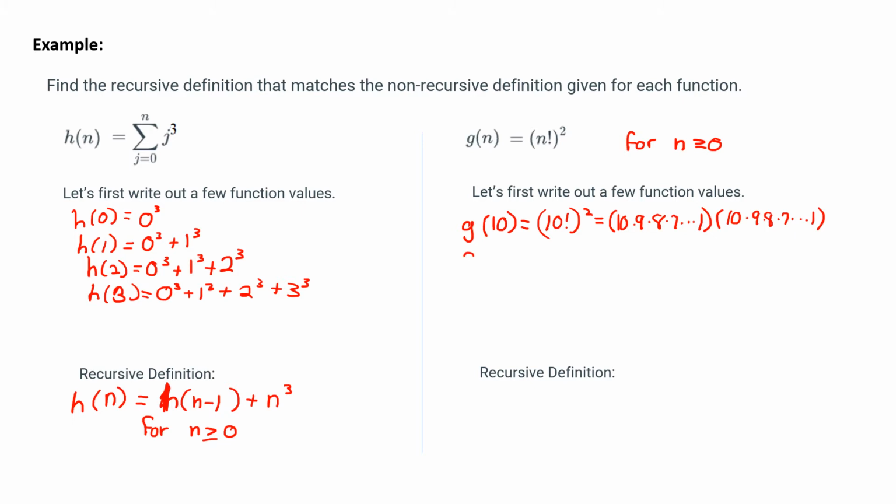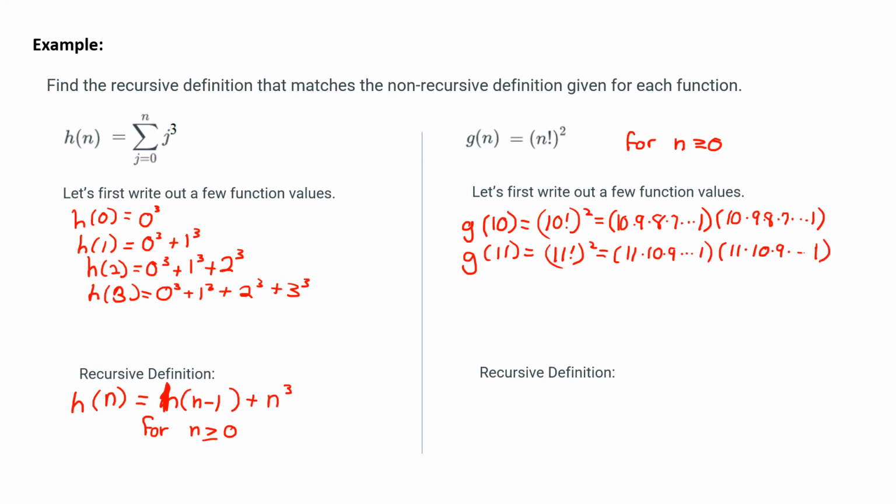Now let's look at g of 11. That's 11 factorial, which is 11 times 10 times 9, all the way down to 1, and then another 11 times 10 times 9, all the way down to 1.